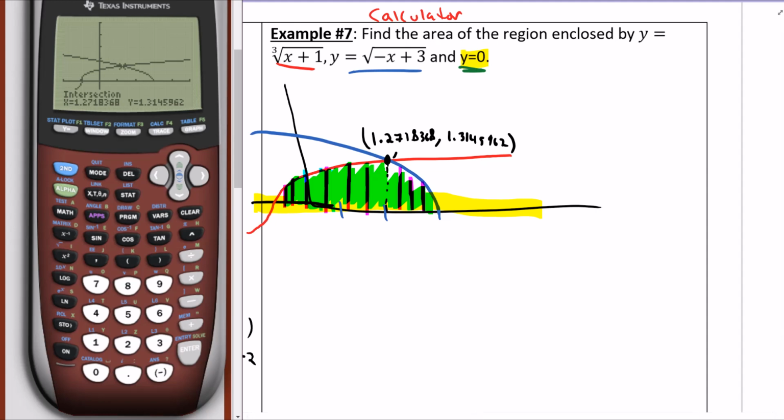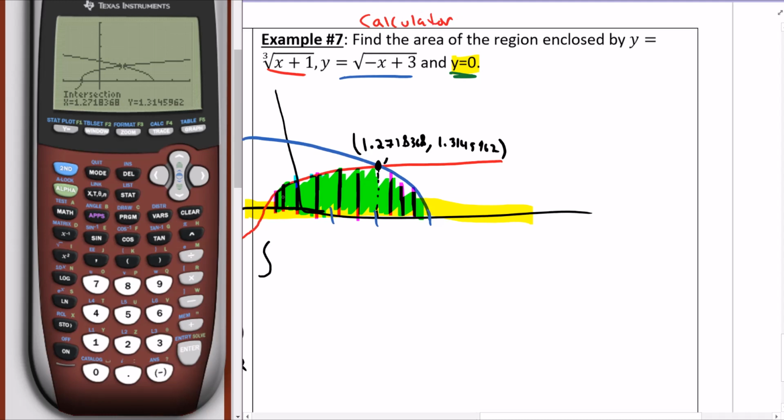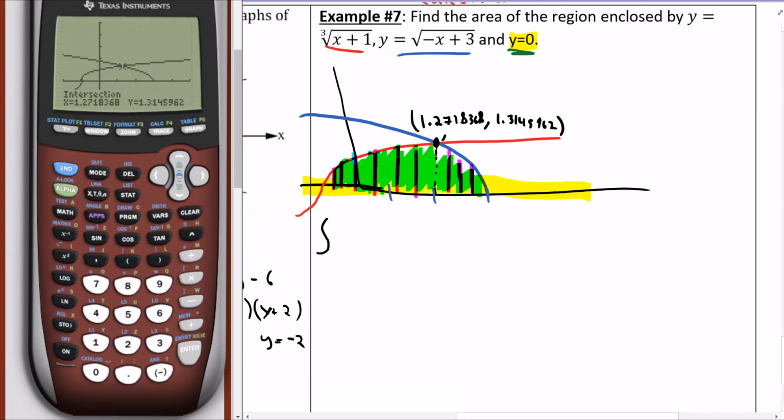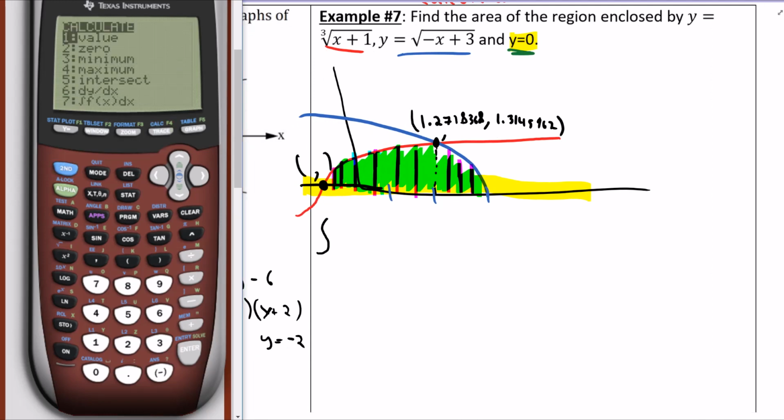So let's do it. We're going to do this 2 different ways. The first way is we're going to integrate from, you know what, we need to know this point of intersection as well, right? Where does it cross that axis? We can find that on the calculator as well. In this case it's a 0, because it's crossing the x-axis, so we're going to say 0.